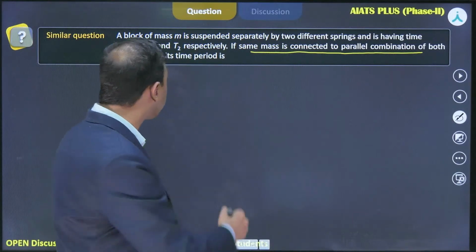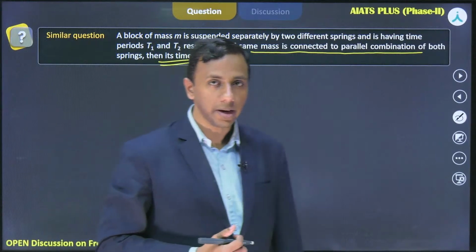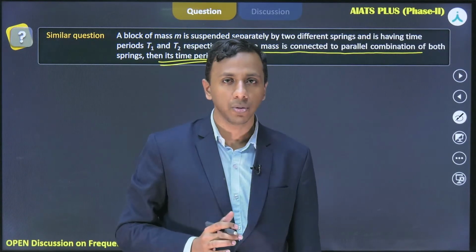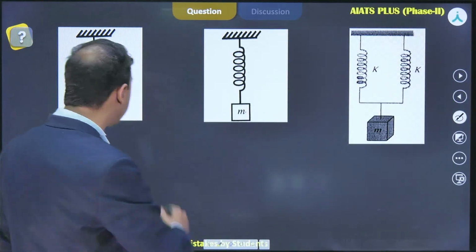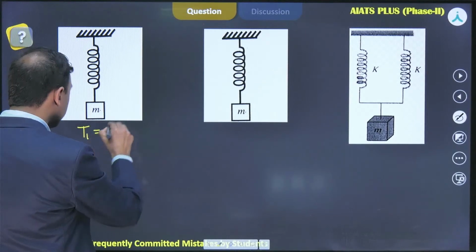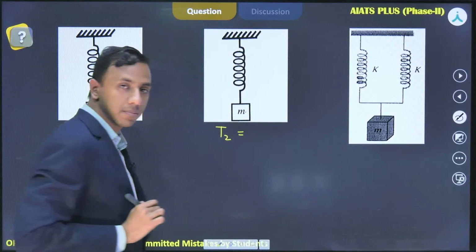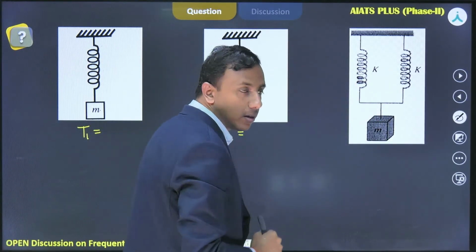And again they're asking the time period, right? I will provide a small hint, but this I'm giving to you as homework. See here, just like you wrote over there, write the formula for T1, write the formula for T2, right? And over here you have two springs.